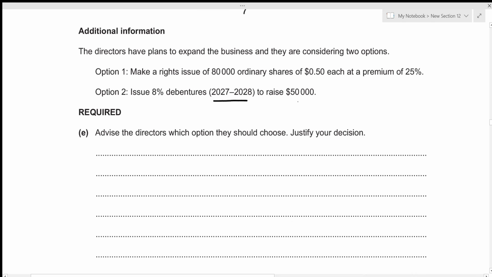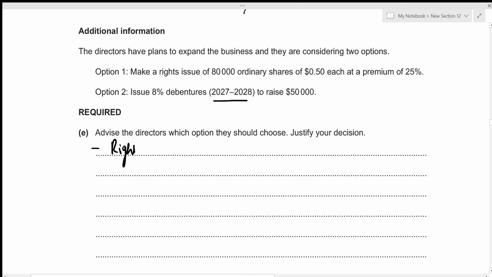So the first one is we're considering whether to make a rights issue or debentures, right? So let's just write down what we know regarding rights issue and debentures. The first one is obviously that the rights issue is a permanent source of capital, whereas debentures need to be repaid at some future date, right? So let's write it down.